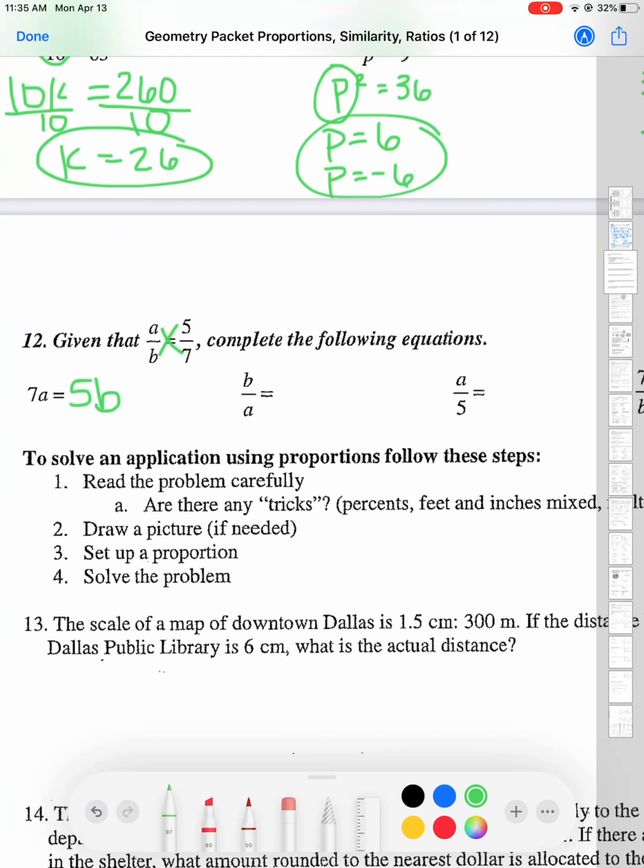So if you flip the first one, you also have to flip the second one. Now, a over 5 equals b over 7. So if we put this one over this one, we have to put this one over this one. Likewise, 7 over b equals 5 over a.